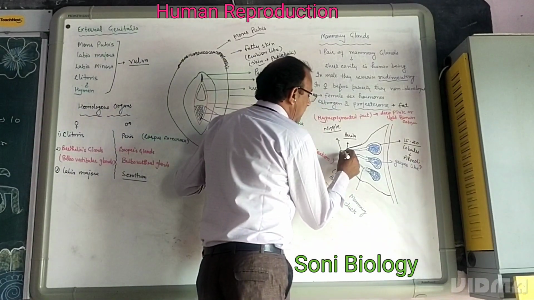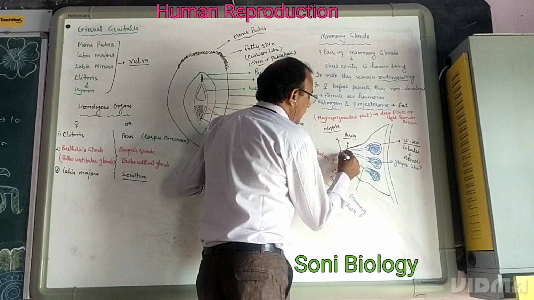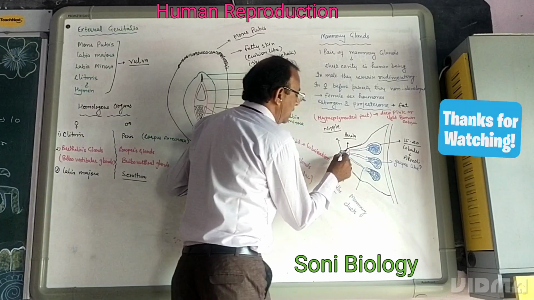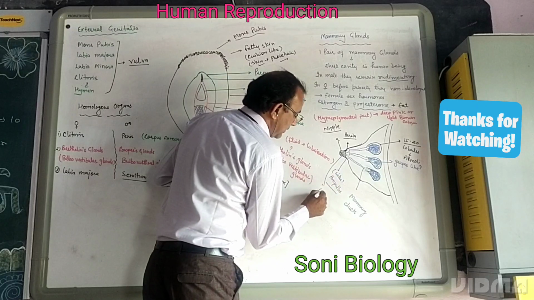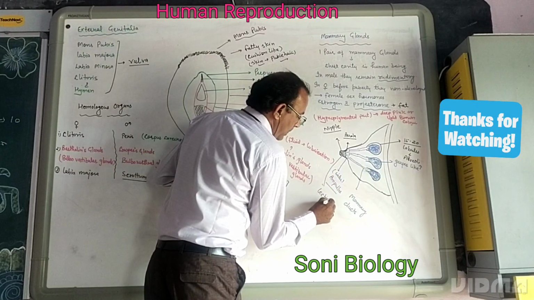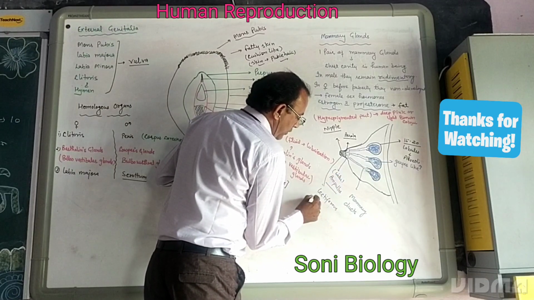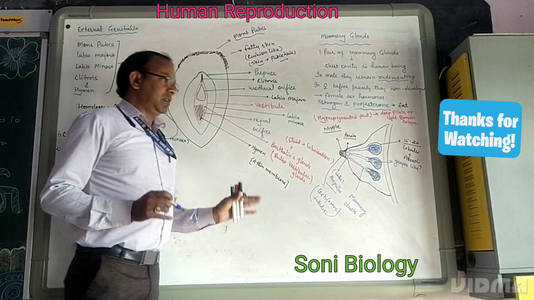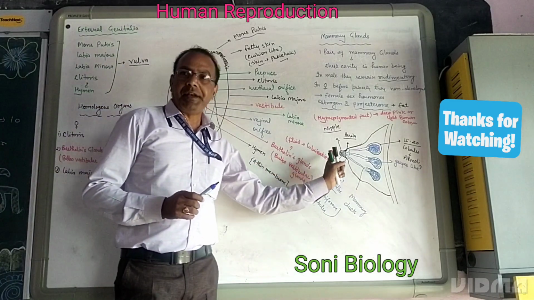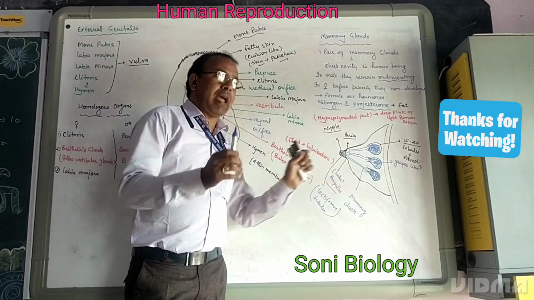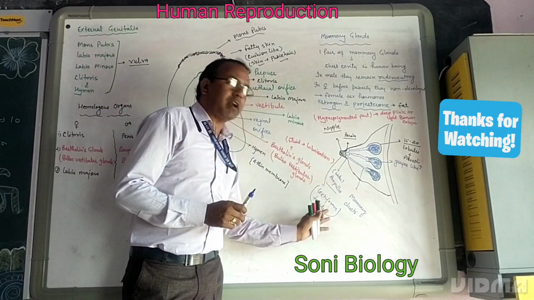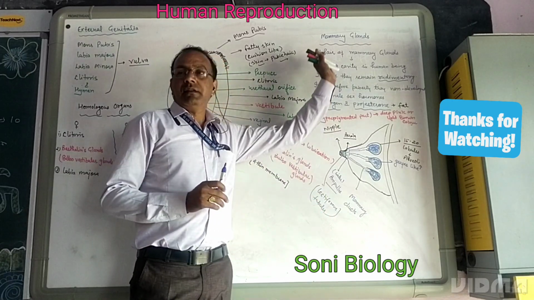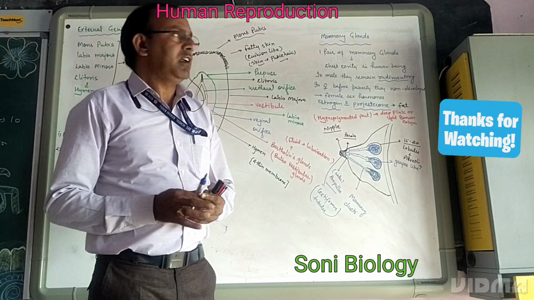After the ampullae, the milk is secreted through the nipples via tubules called lactiferous tubules. These are the mammary glands present in female.